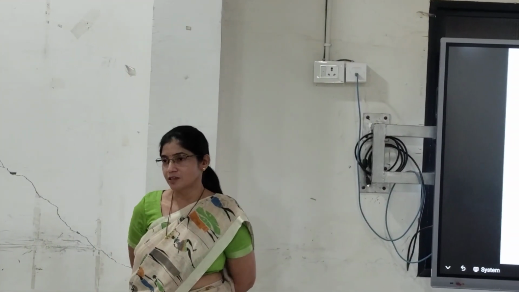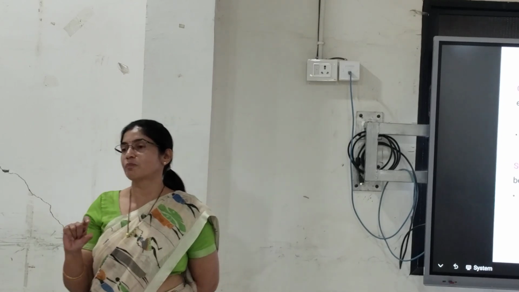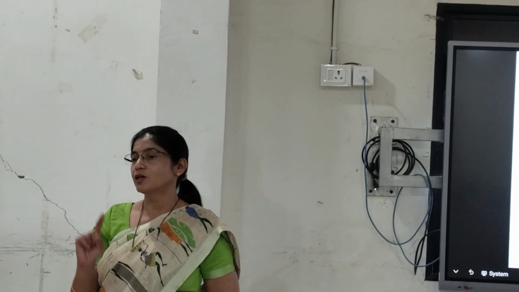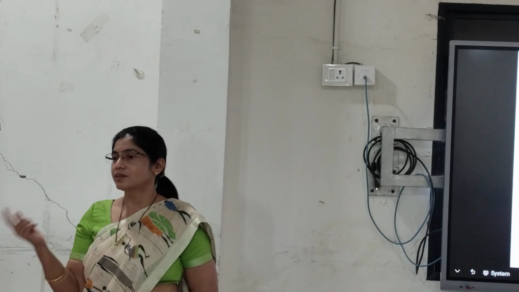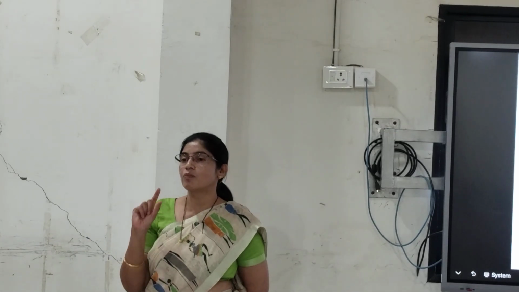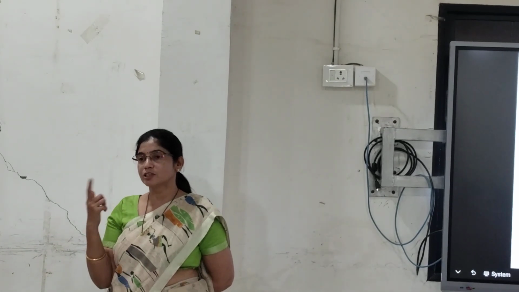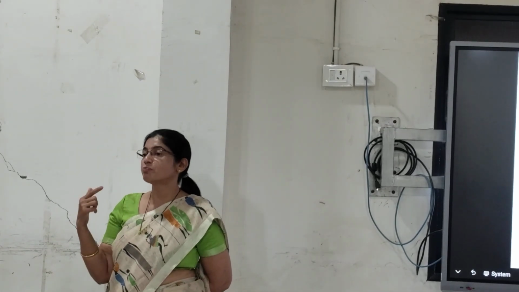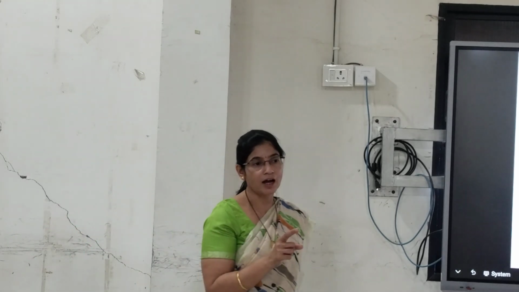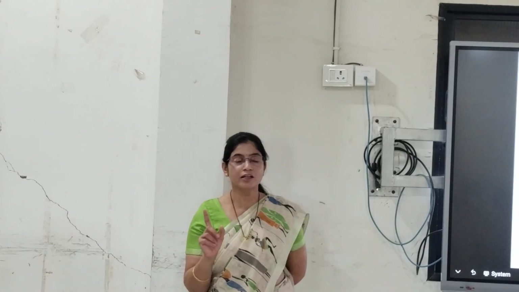You have 72 beats per minute. When you multiply the stroke volume of a single cardiac cycle by your heart rate, that is 70 into 72, you get the cardiac output. This is the amount of blood pumped by each ventricle in each minute. So stroke volume is per beat and cardiac output is per minute. That is the difference.